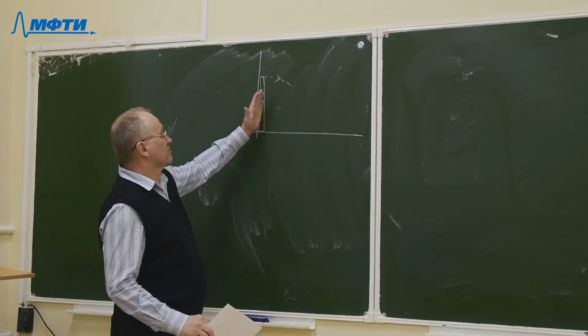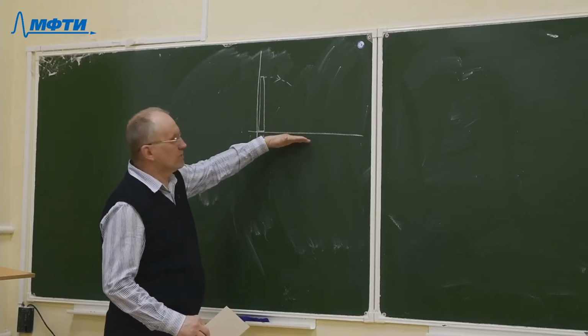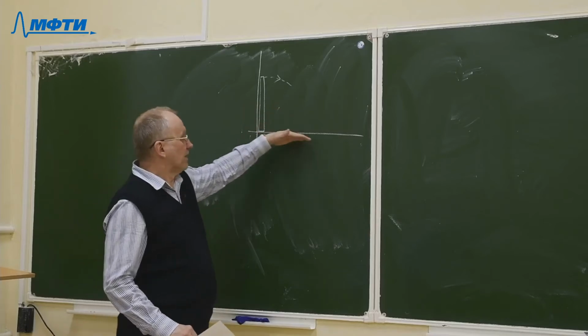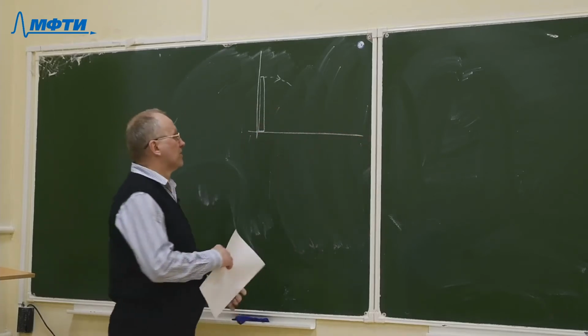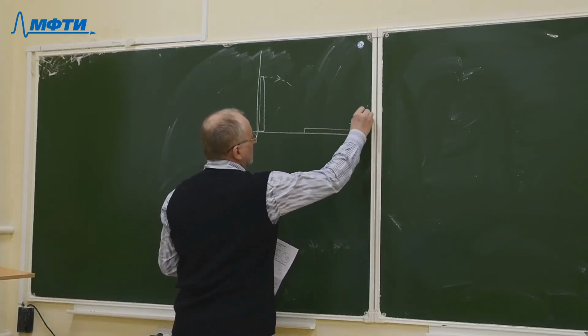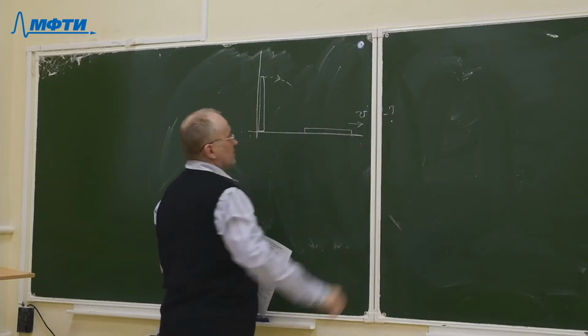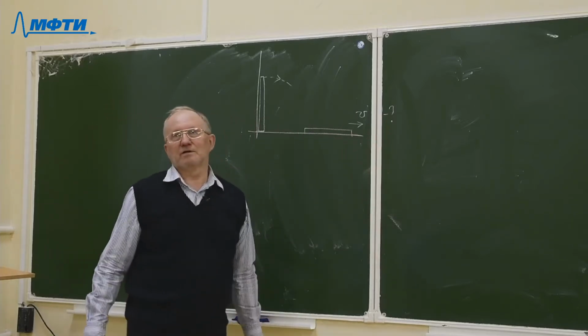So it falls and then hits the floor and continues sliding along the floor without friction. So finally it will go with some velocity, which we must find. It will slide without friction.